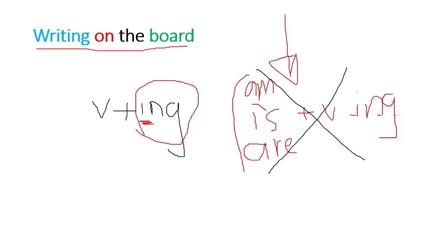Like you write verb plus s, and then you change it and write the s or es in red. So red is for correcting and highlighting only. Never write in red. This is something that I want you to pay attention to when writing on the board.